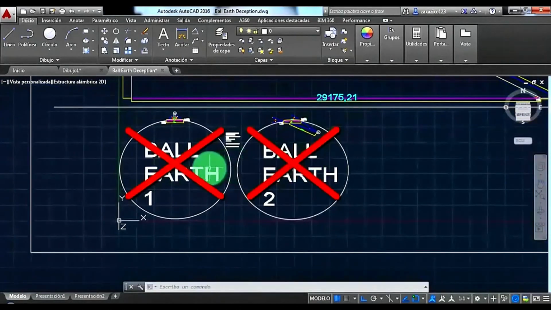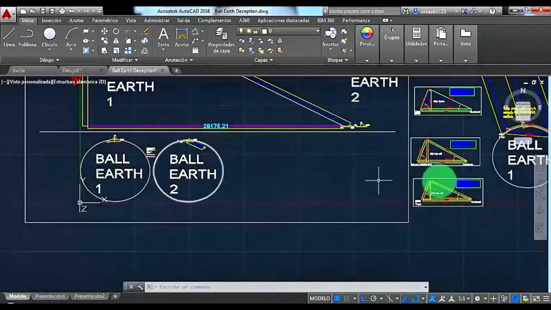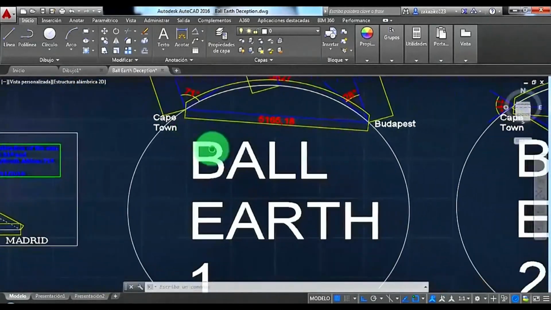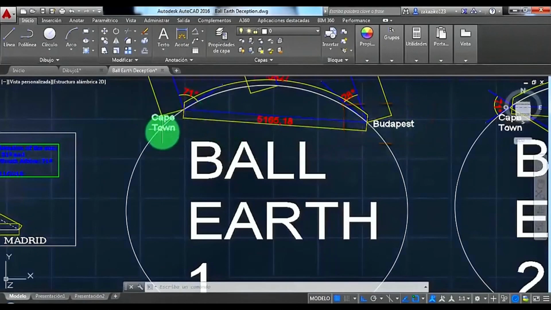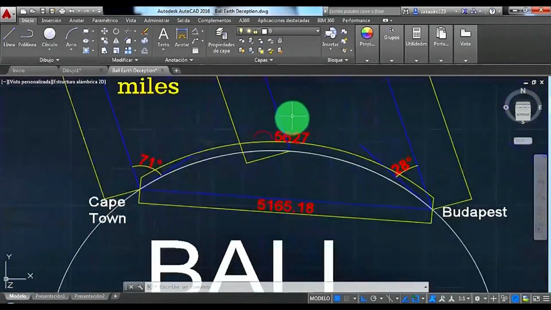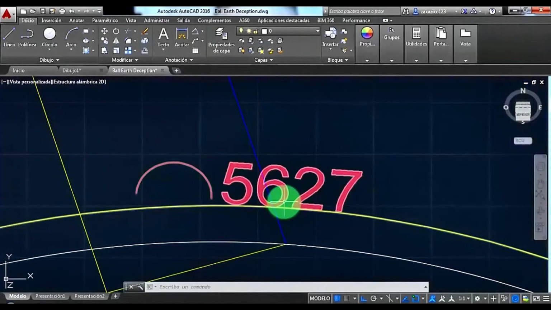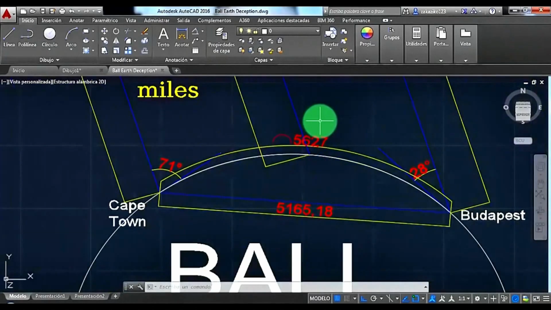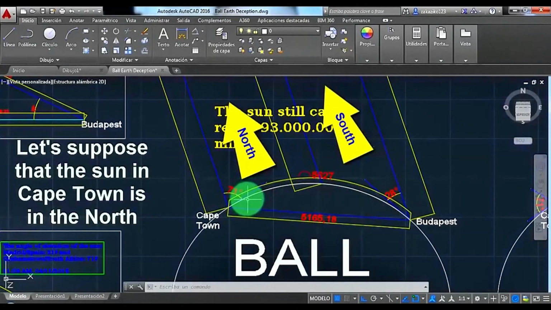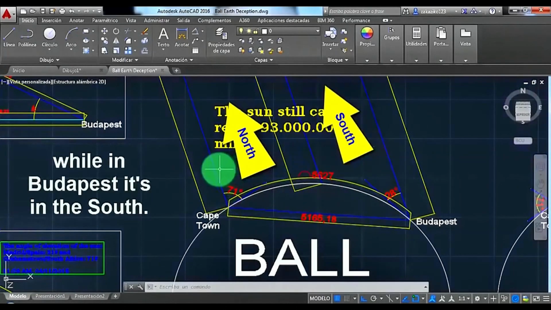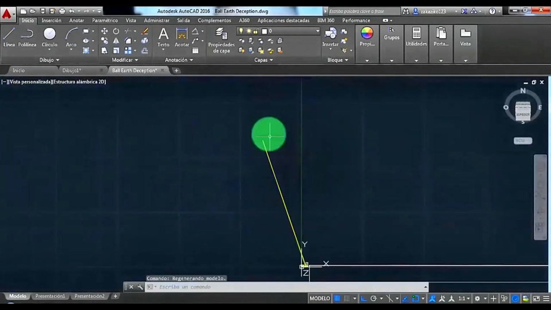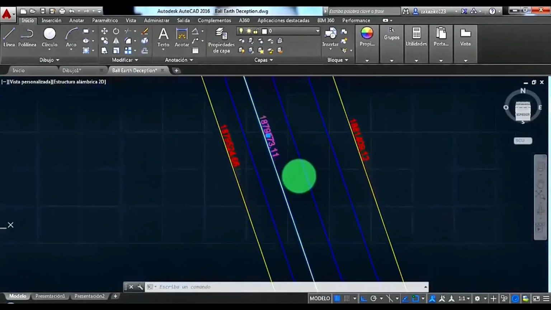Okay? And I did it again at 11:30 a.m. when the sun was between Budapest and Cape Town. Okay? This is for those who think that the time would make a big difference. There you go. No difference at all.